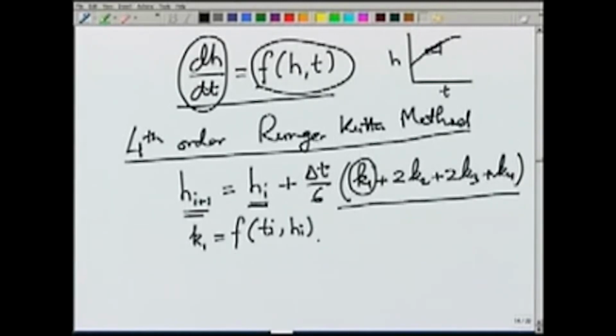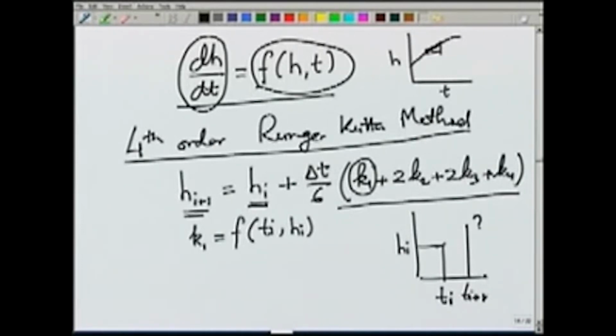This is known to us because at t equal to ti, we know h equal to hi. Our aim is to find out the value of h at ti plus 1.